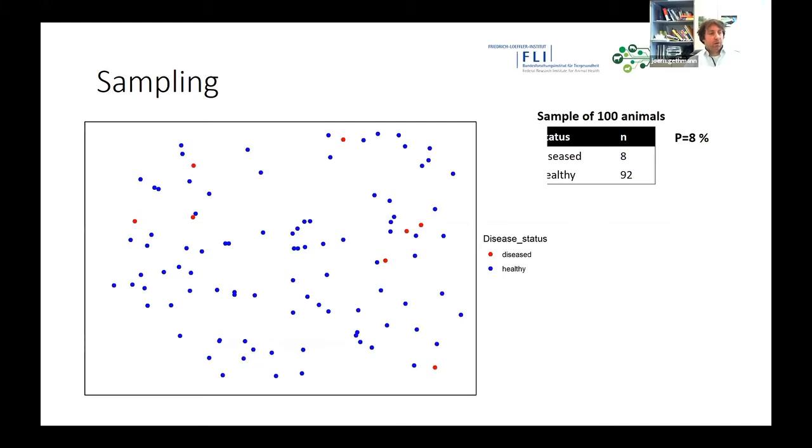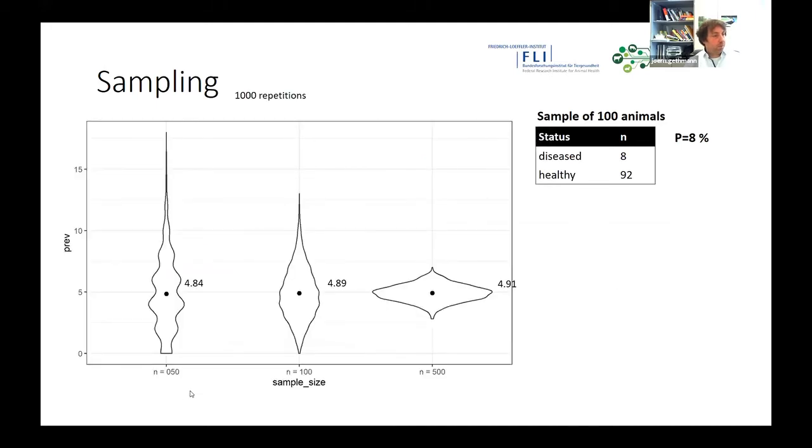So if you repeat this sampling several times and repeat it more and more, then you will come to better results. Here you can see the influence of the sample size on the prevalence estimation.